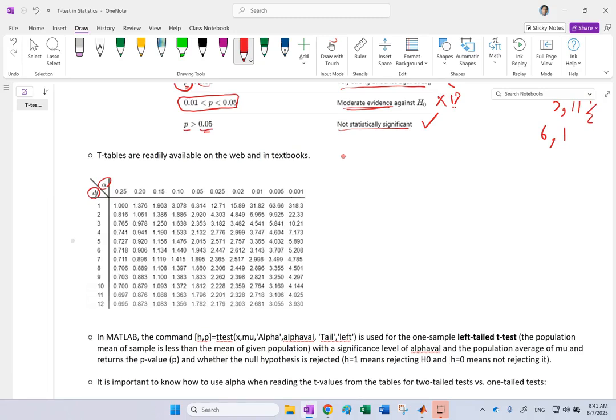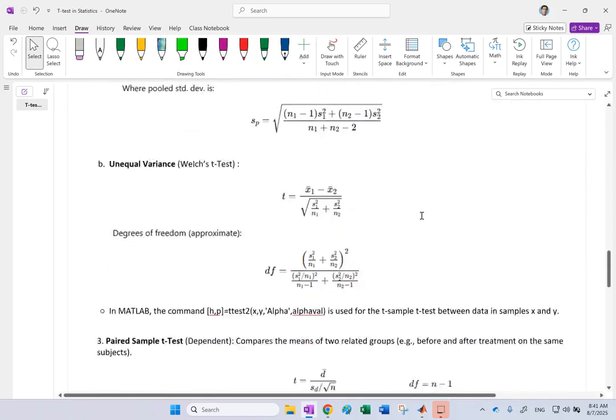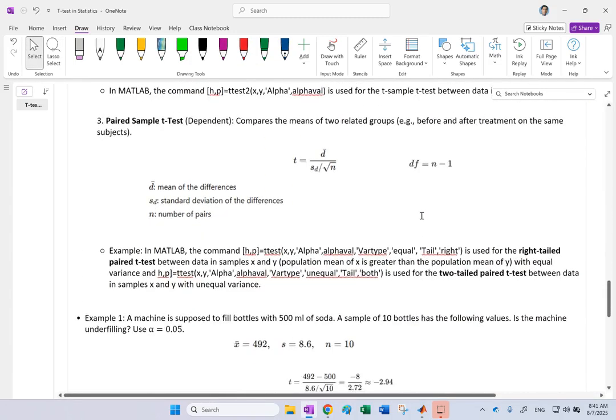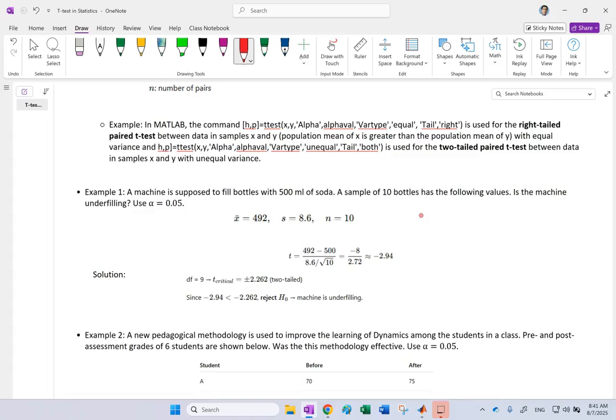Let's do one example here so I can tell you exactly how it's done. This is an example of a one-sample t-test. Let's say you have a machine that is supposed to fill bottles of soda, and it should put inside each one of them 500 milliliters of soda. You can apply it to a gas station or anything.